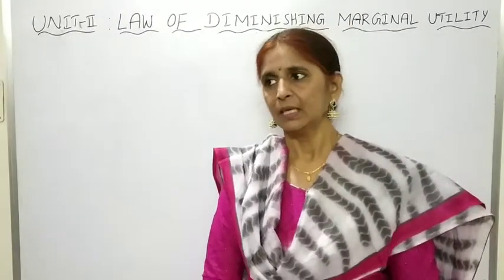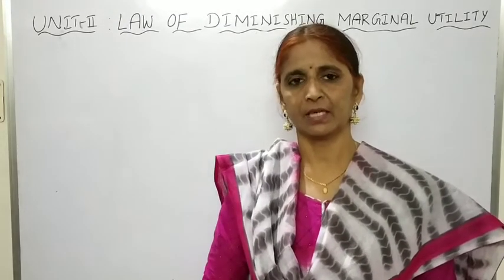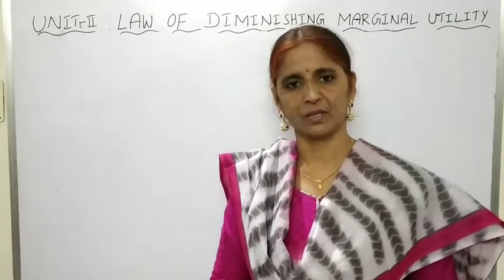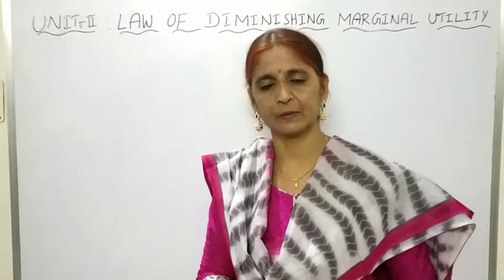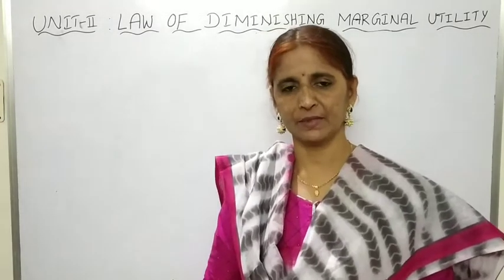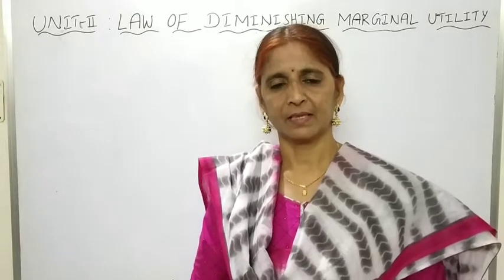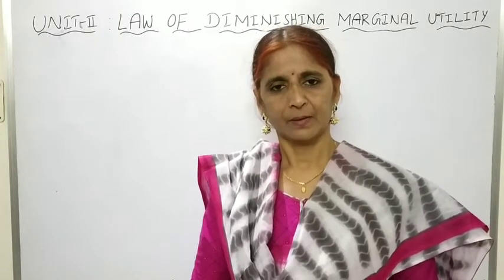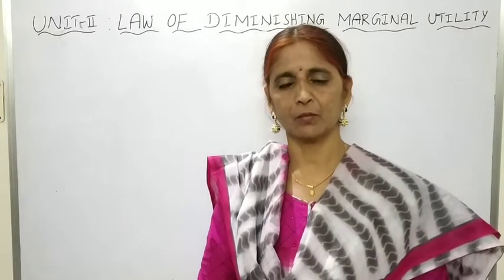Okay children, before studying the diagrammatical explanation of the law of diminishing marginal utility, first you must know the meanings of total utility and marginal utility. I already explained them in previous classes, and once again I am giving the meaning. Total utility means the total satisfaction obtained by the consumer from the consumption of all the units of the same commodity.